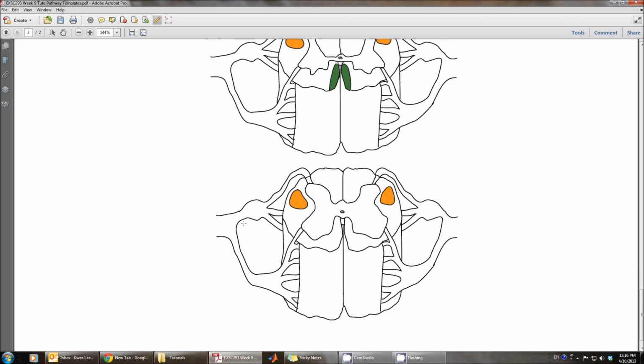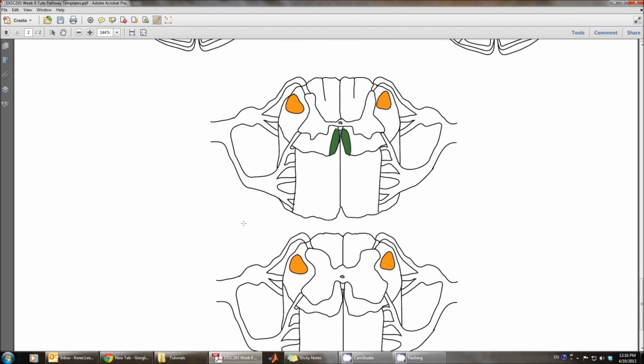There are two templates for the spinal cord, and they look different. The stark difference is first the ratio between white matter and grey matter, and the other is the septum, the line that divides the tract into two, one for the upper body and the other for the lower body.